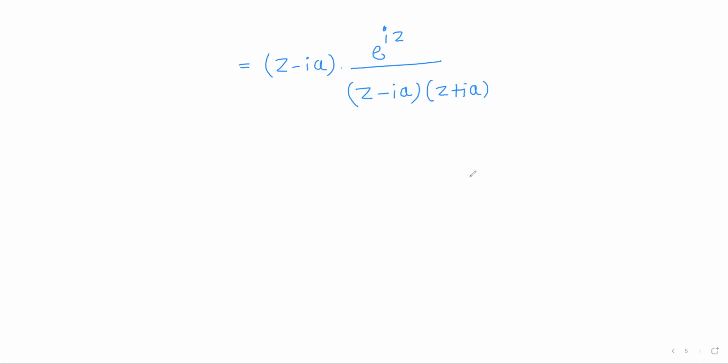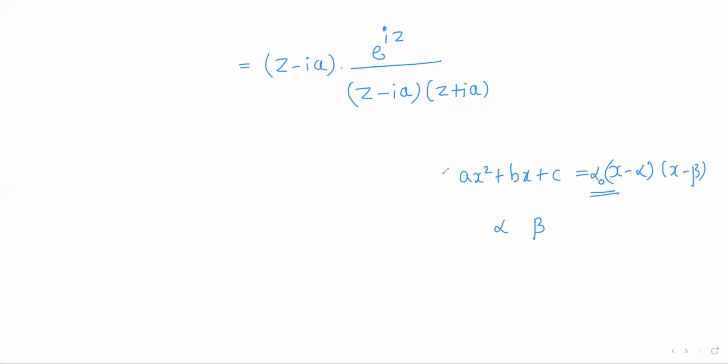Whenever a quadratic equation ax square plus bx plus c has two roots, say alpha and beta, its factors are x minus alpha into x minus beta into some constant alpha naught if necessary.